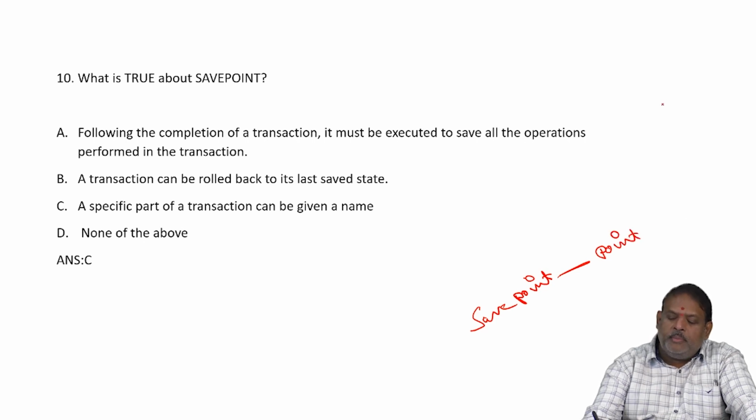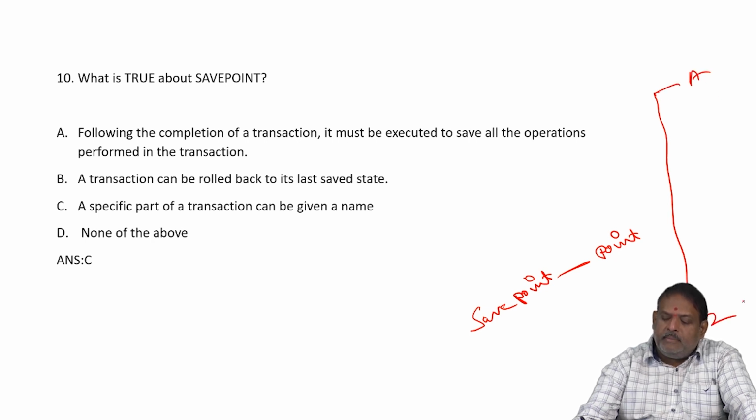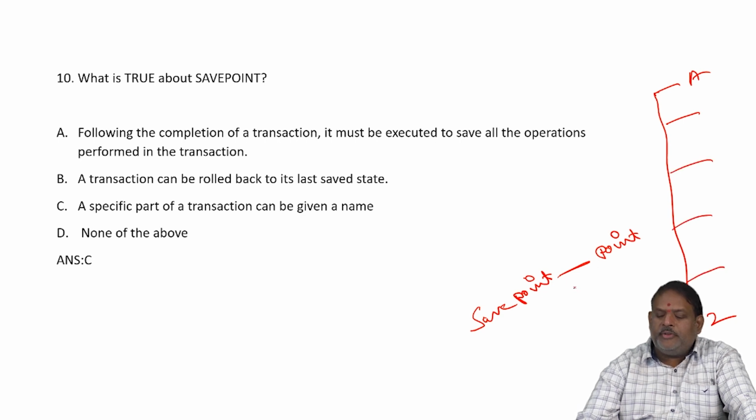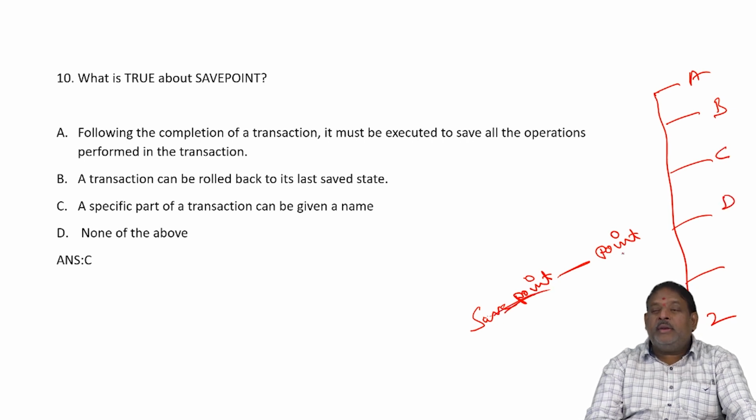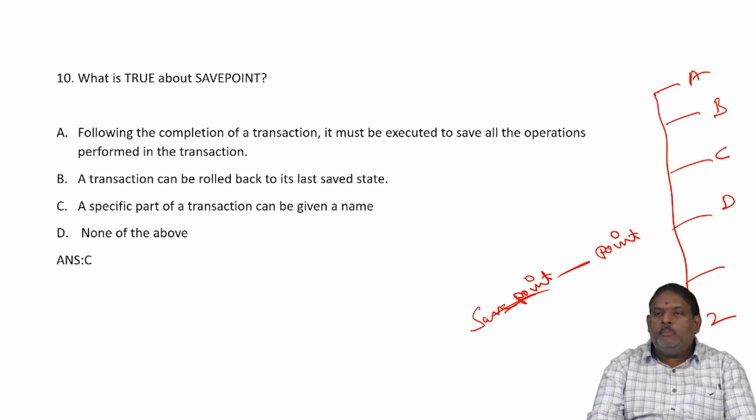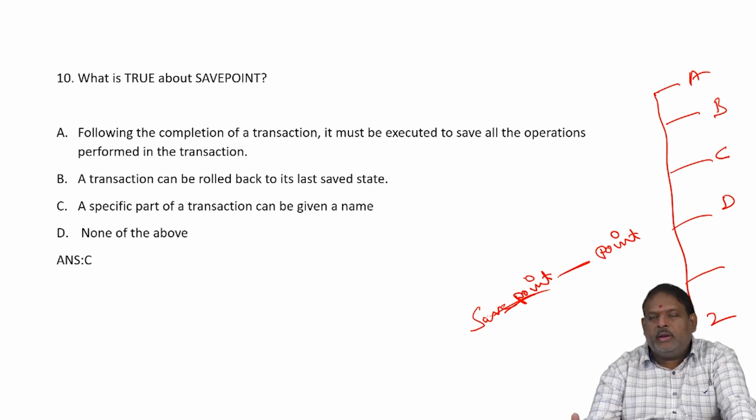Suppose you are performing a big transaction, starting from A. This is A and this is Z. At multiple stages, you want to save your data. Then you can have savepoints here: savepoint B, C, D. These are the intermediate savepoints. It means if you use rollback till that point, your data can be rolled back.